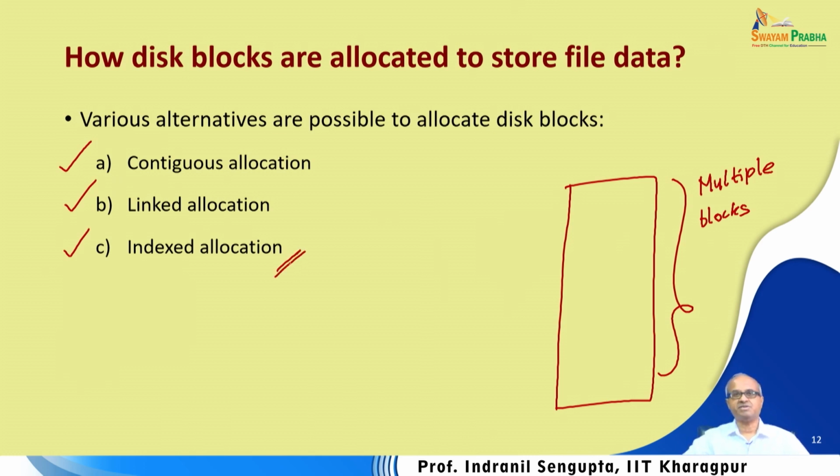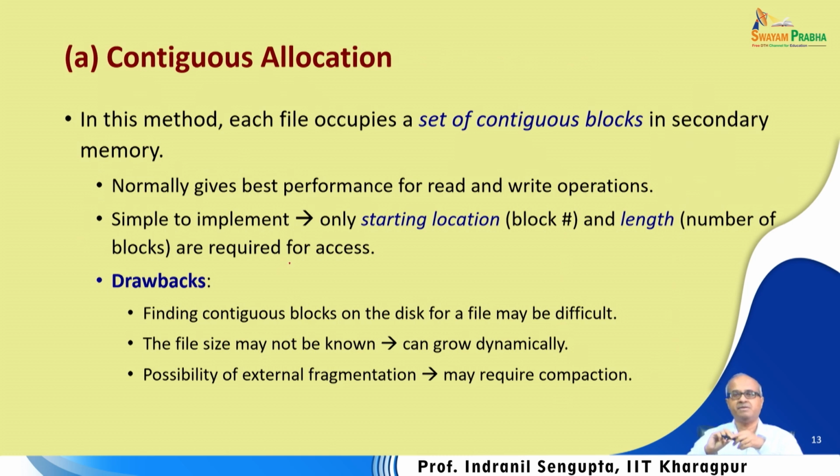Let us start with contiguous allocation. So, what is contiguous allocation? It is very simple, just like contiguous allocation in memory management that we discussed, where the entire program is loaded in a contiguous location in main memory. Here in a similar way, each file occupies a set of contiguous blocks. In the disk there is something called logical block number.